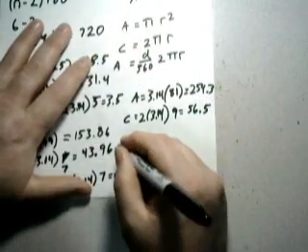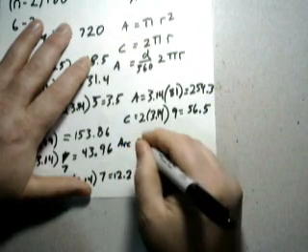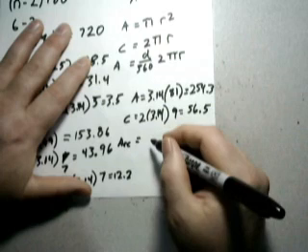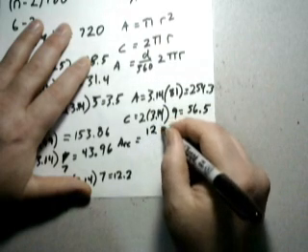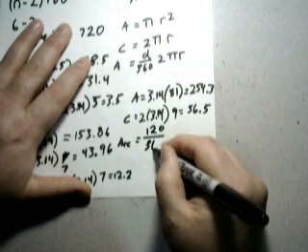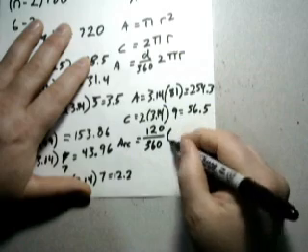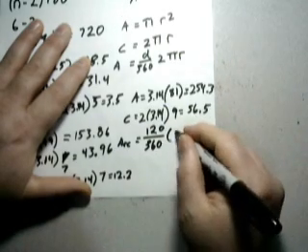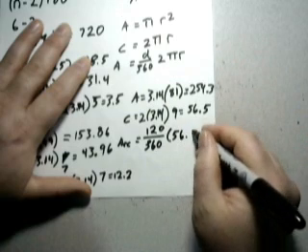And now the arc. See, our degrees are 120. And then we multiply that by the circumference, which we know to be 56.5.